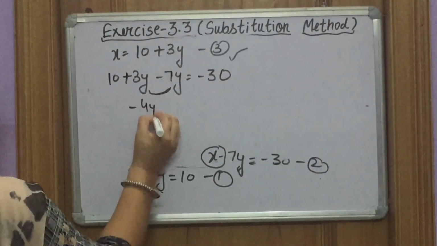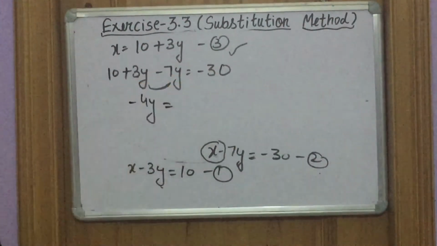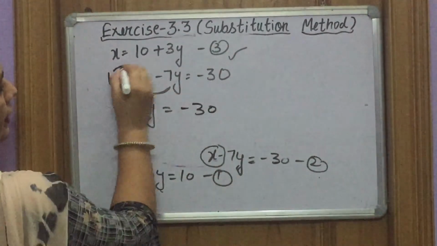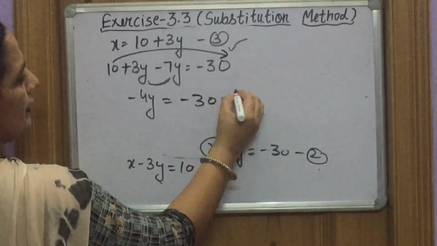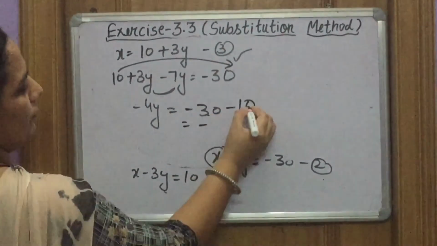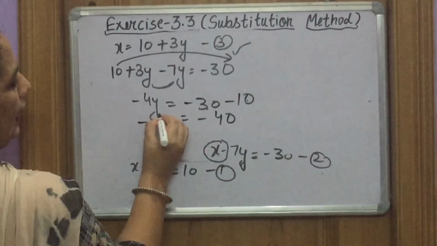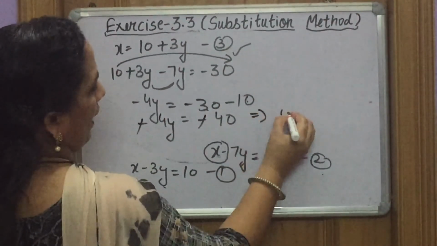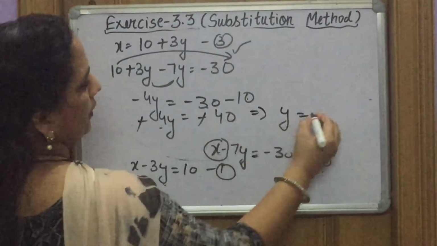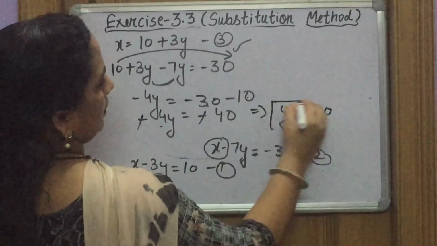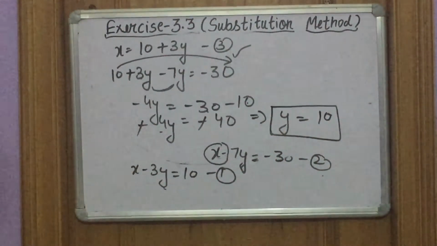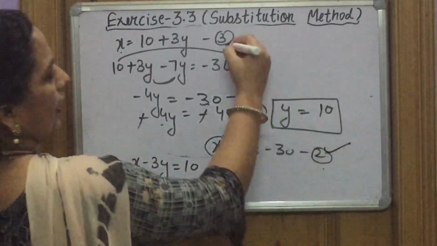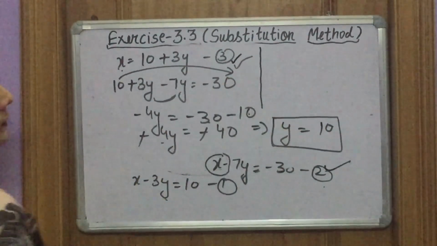Solve the like terms, 3y and minus 7y, we have minus 4y, minus 30, transpose the constant term to a single side, then we have here 40 and minus 4y. So y will be here 10. And we can find out the value of x by putting this value in our equation number 3rd.